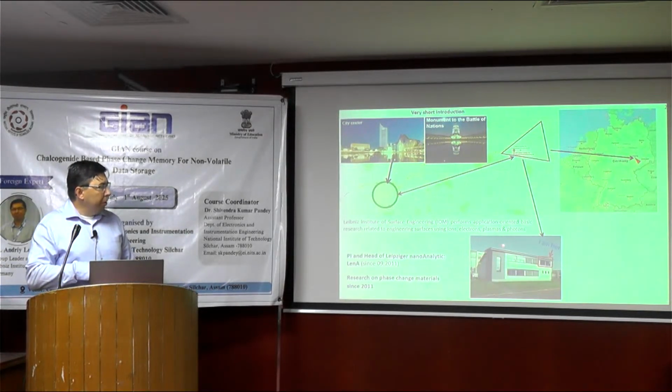This is my building where I'm sitting, the so-called LINA, Leipziger Nano Analytics. It's a dedicated building for transmission electron microscopy. We have TEMs and SEMs in this area, and behind it is a big microscope, and these are the offices for students and for me.